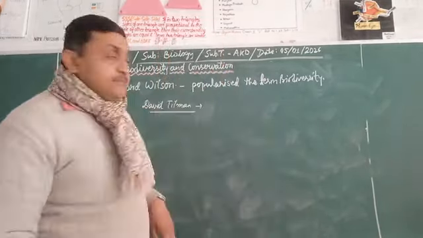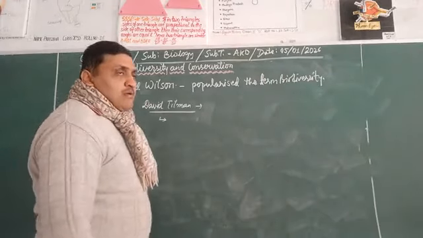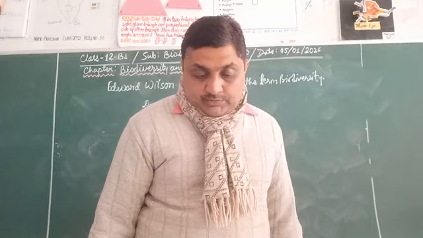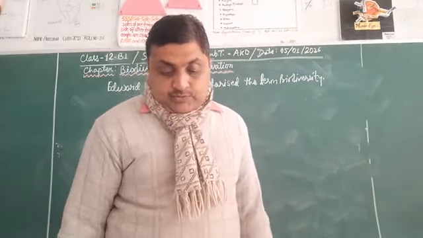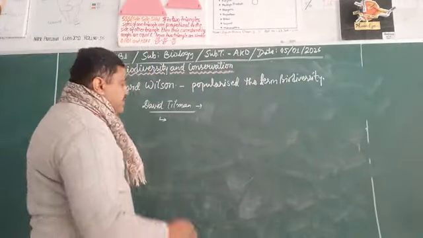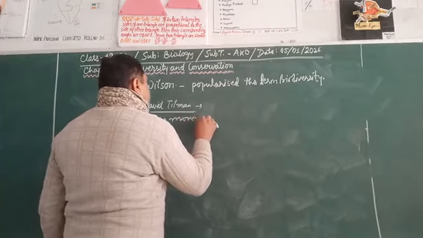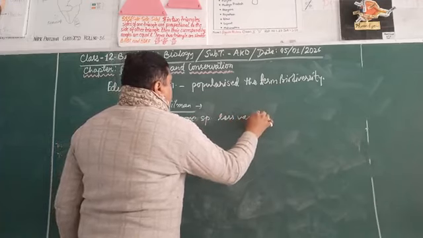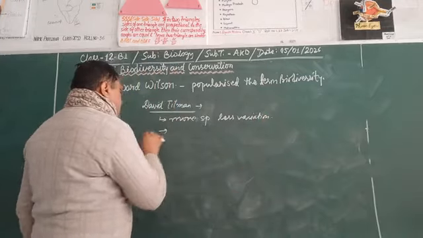There are two things in David Tilman's concept. More species, less variation, and less variation means stable.